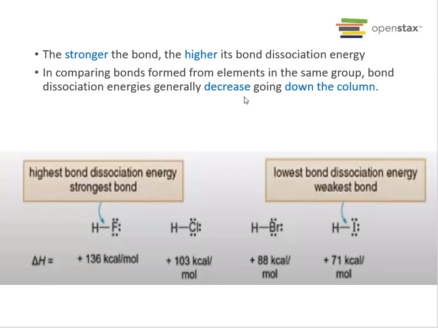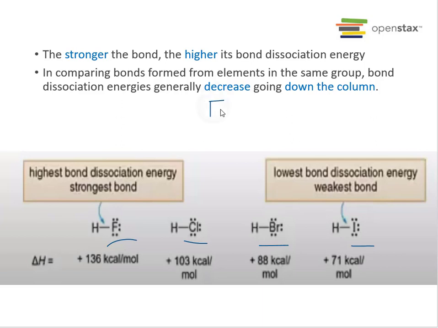As we look at bond dissociation energy, we can also look at a periodic trend. And we can also see that the stronger the bond, the higher its bond dissociation energy is. So if we look at elements in the same group, like fluorine, chlorine, bromine, and iodine, which are all part of the halogens, group 7.